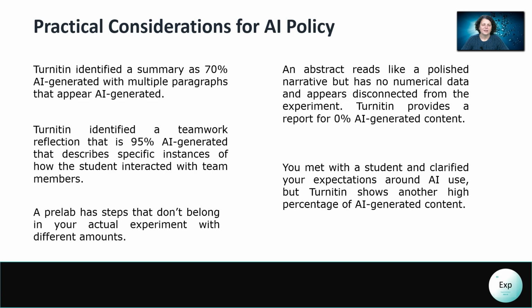What happens, and again, this has occurred in the past, if you met with a student, you clarified your expectations around AI use, but Turnitin continues to show another high percentage of AI-generated content?